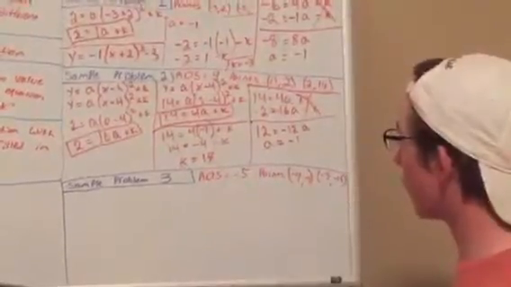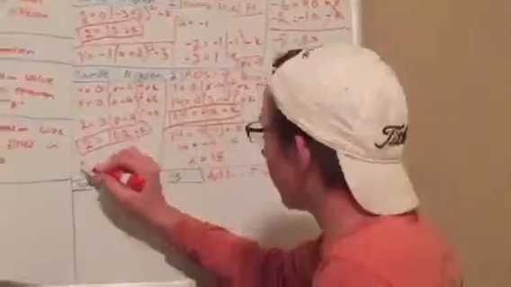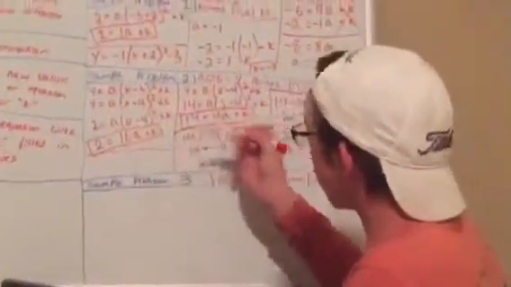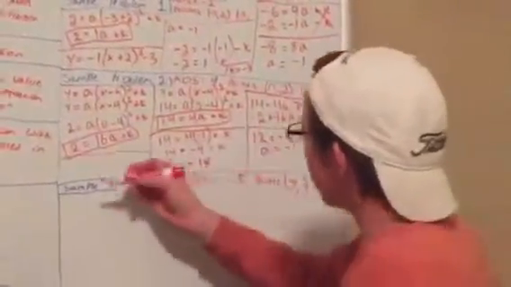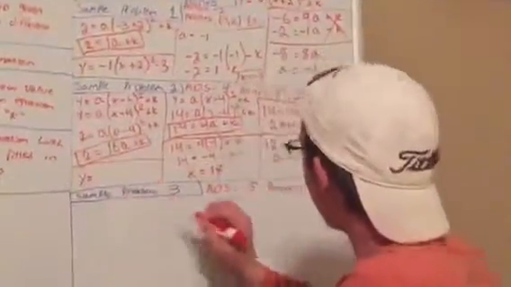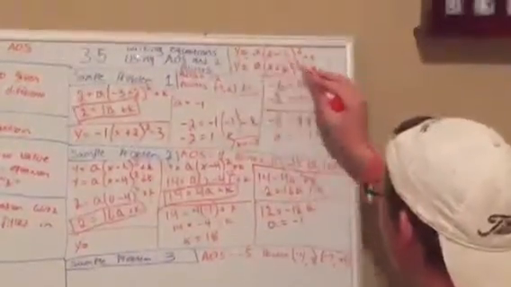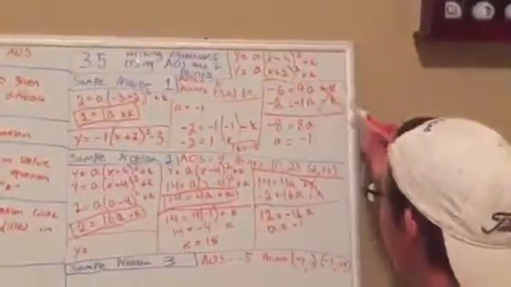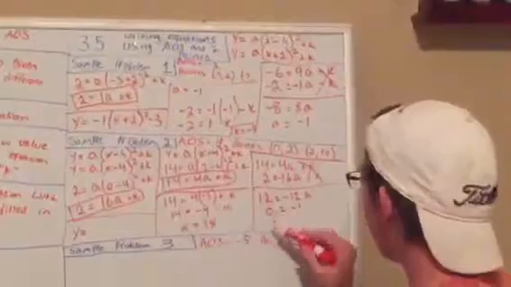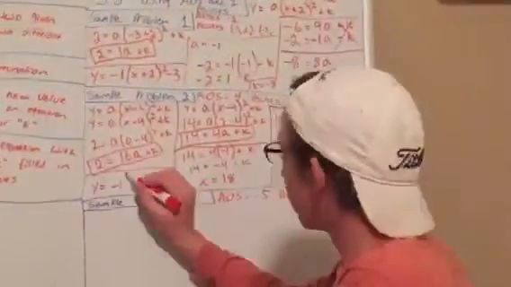So now that you have your a and your k and your h, which is your axis of symmetry, let's write our final equation, which is your answer. So it's going to be y equals a, which is up here. You got your original equation, which is untouched. You take your a and put that in first, so negative 1.